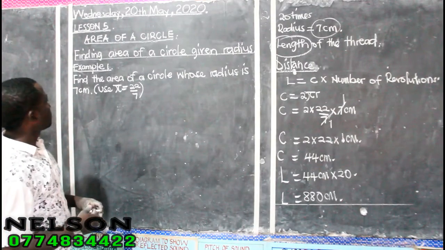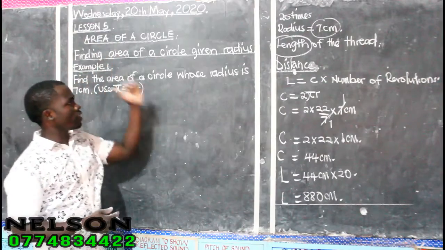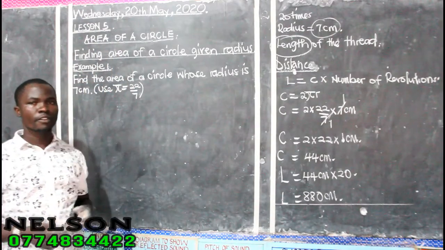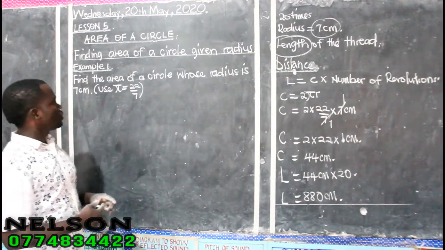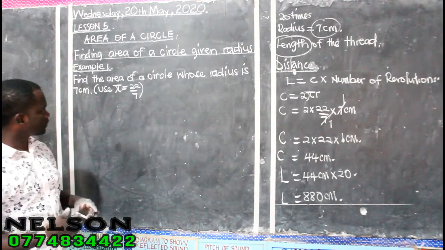So here we are going to look at finding the area of a circle given radius. So how do we find the area of a circle when radius is given?